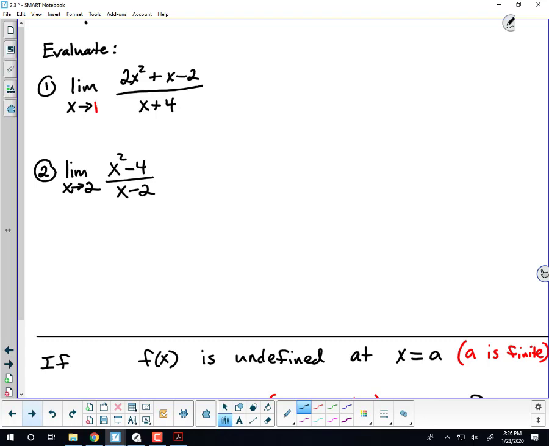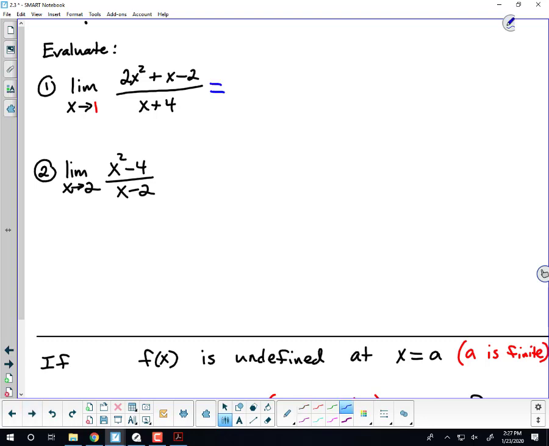No. For the second example, if I plug 2 into the denominator, is that going to cause issues? Yeah. So in example 2, we have to reconsider how we're approaching that problem. But in example 1, we don't have the bottom function approaching 0. So there is no issue here with just directly evaluating this.